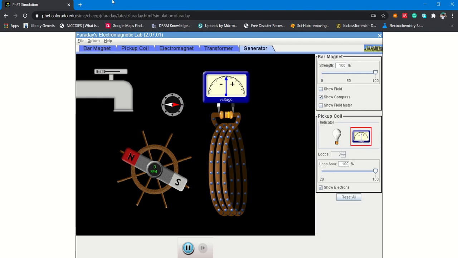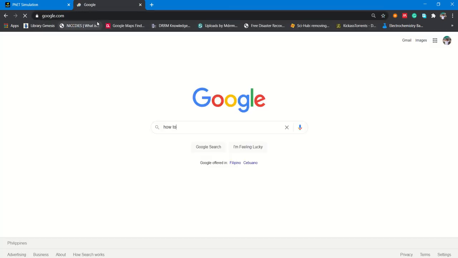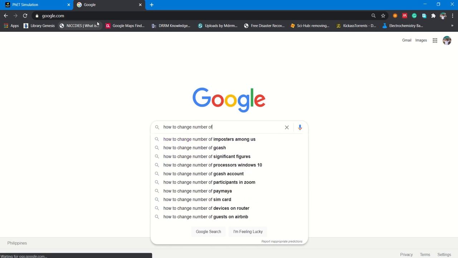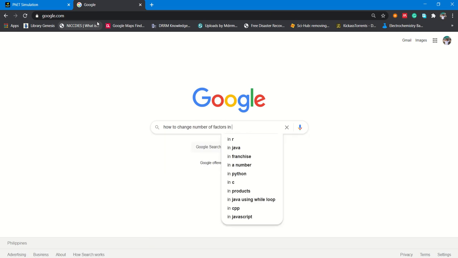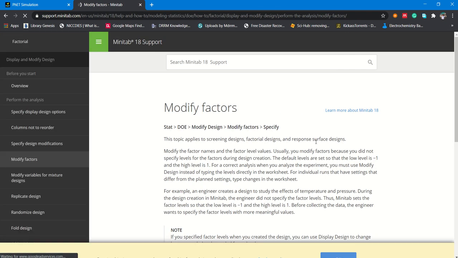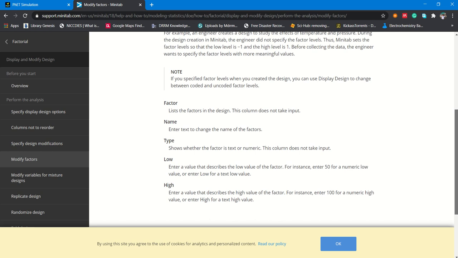Okay na natin, Google na natin. How to change number of factors in Minitab. DOE. Start, specify. Okay. So, factor.